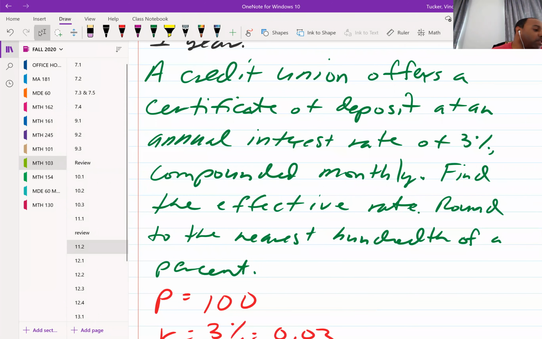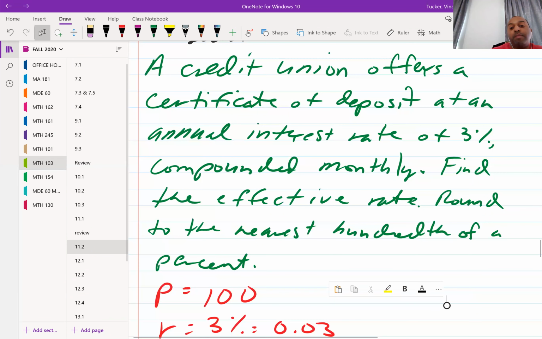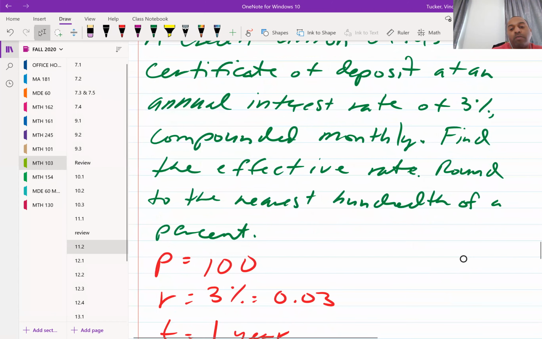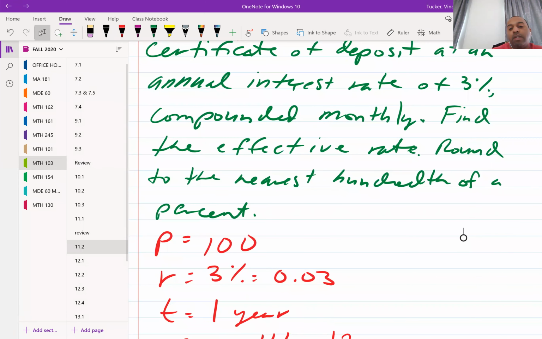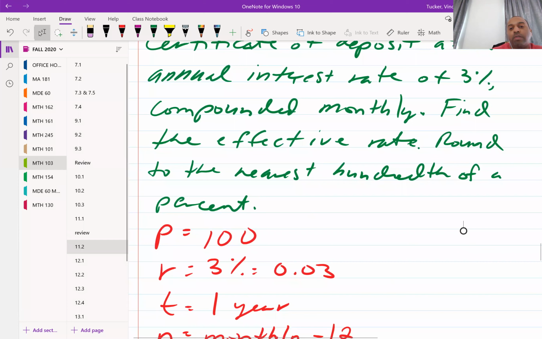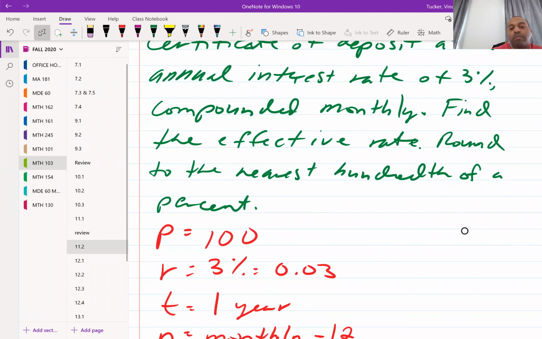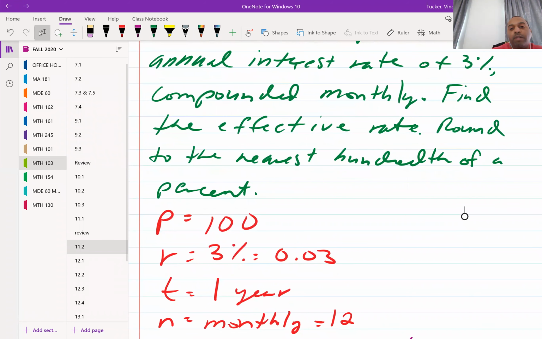To find this, we're going to let P be equal to 100. They gave us R, which is 3%, and T is 1 year. N is compounded monthly, so it's 12.